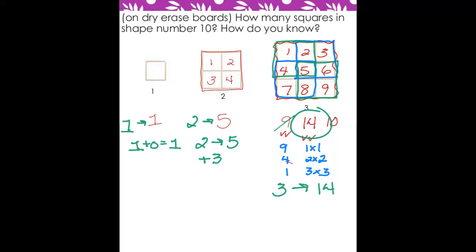And if I multiply, what would I do? It would be 2 times some whole number. Give me a whole number that's less than 5. 2 times 2 is 4 plus 1 gives you 5.